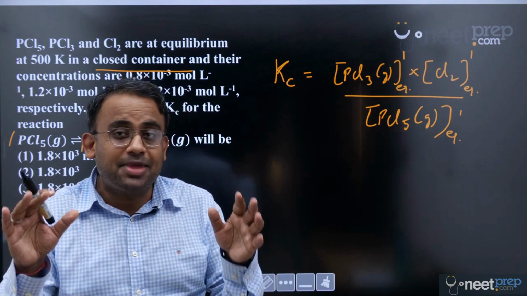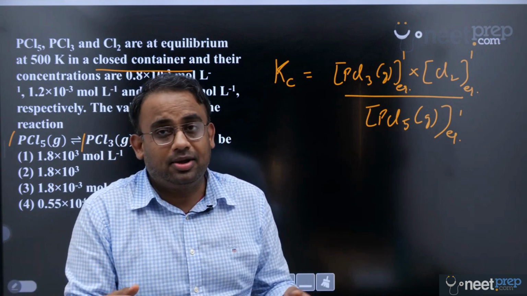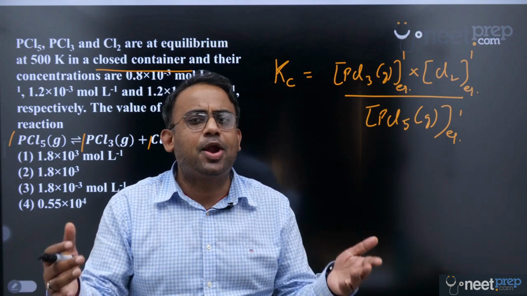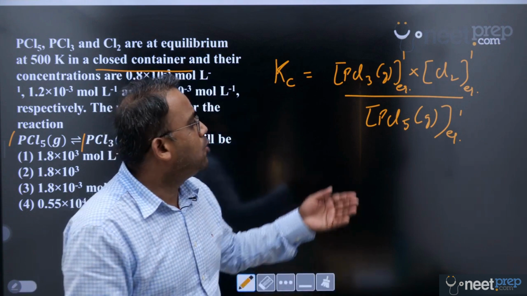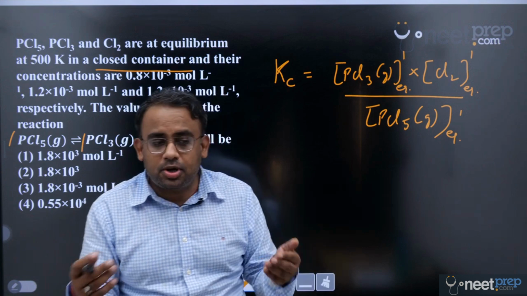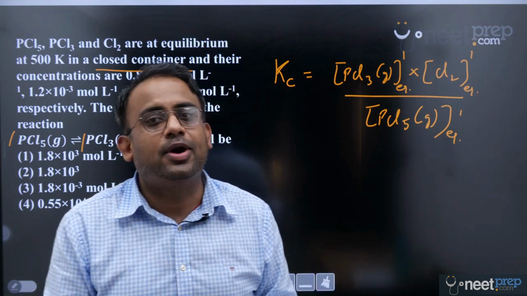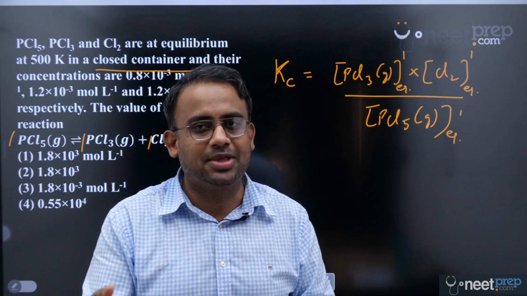But students, keep that in mind, an important thing here: Qc can be calculated at any time, which means that while calculating Qc, I can put the concentrations of reactants and products at any time during the reaction.